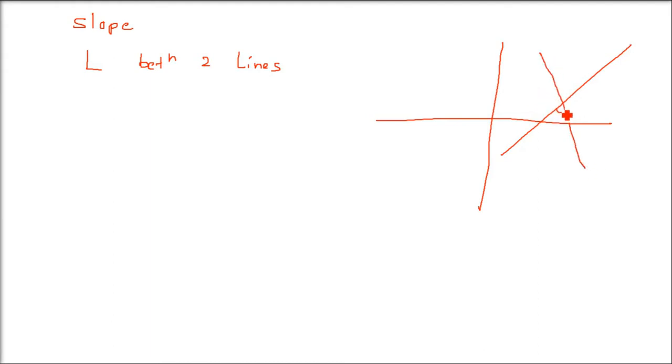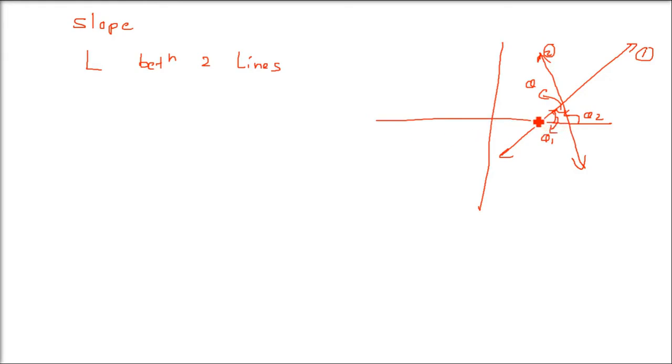Now we have to find the angle between these 2 lines which are intersecting. So we say theta 1 is the angle of the first line with respect to the x-axis, and theta 2 is the angle of the second line with respect to the x-axis. So we have m1 as tan theta 1 and m2 as tan theta 2.